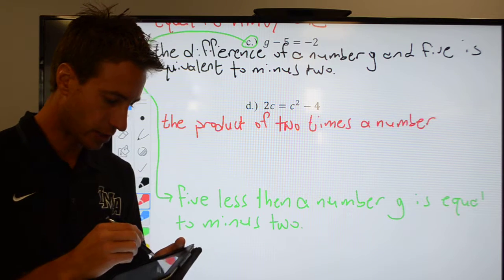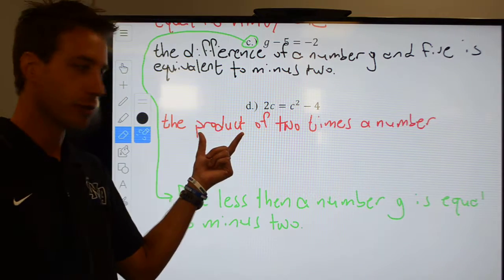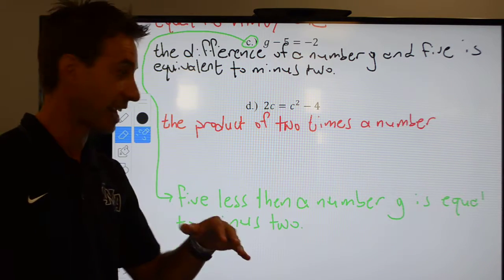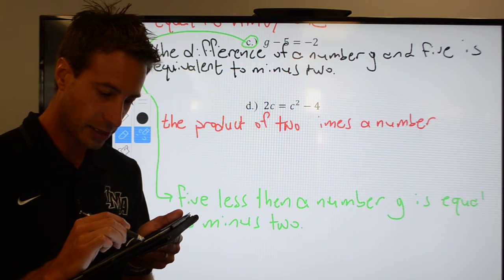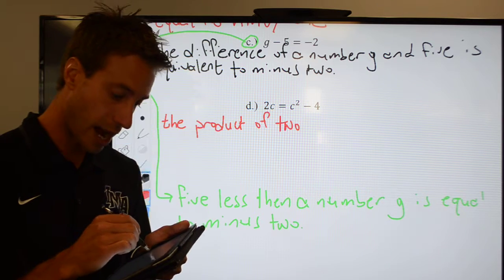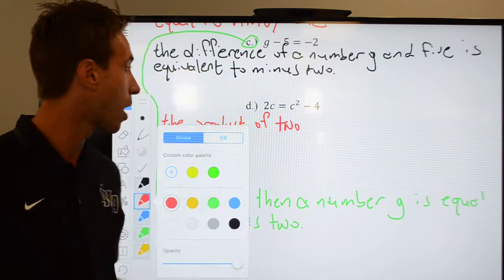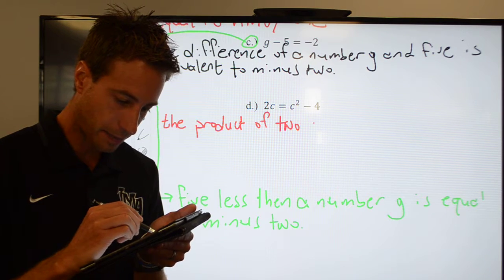Actually, I apologize. Hang on one second. I'm being incredibly redundant here. I already used the term product, which means multiplication, and then I tell you it's 2 times a number c. That is ridiculous. There's absolutely no reason to write it that way. What I should have done here is the product of 2 and a number c. I apologize for that.